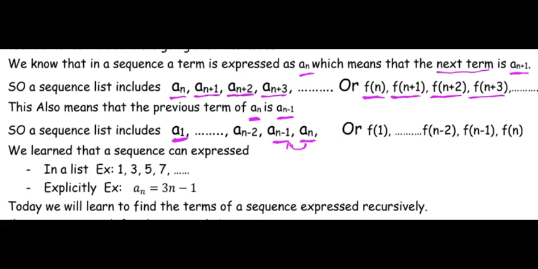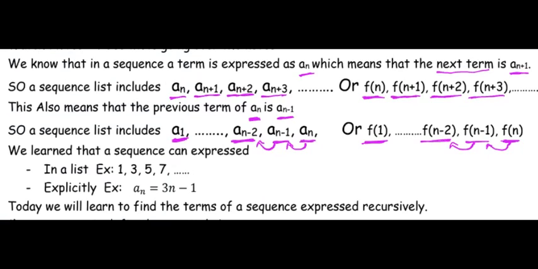The one previous to that is going to be a sub n minus 2. We can also write this as a function. We know that the first term is f of 1, and a sub n is f of n. That means the previous term is going to be f of n minus 1, and the one before that is f of n minus 2.